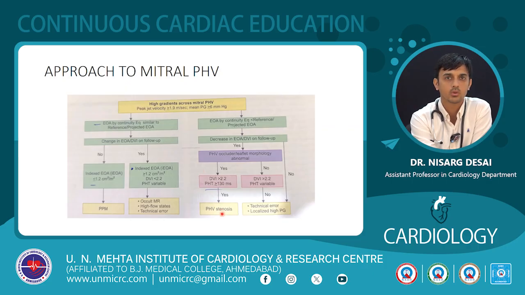So if it is more than 130, it is a PHVT. But if the EOA is similar to the projected EOA, that is, the index EOA is less than 1.2, then it is basically a PPM.